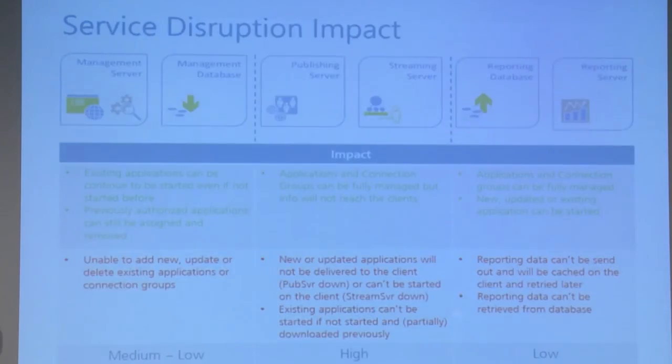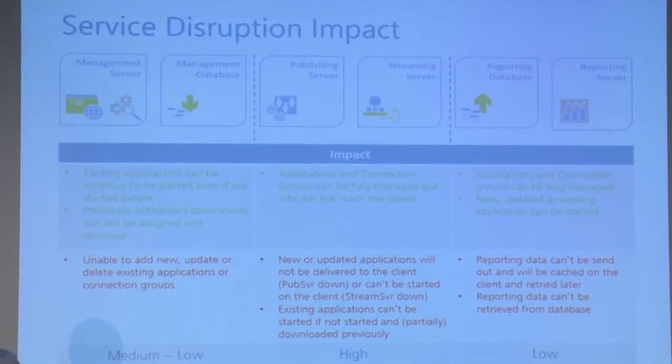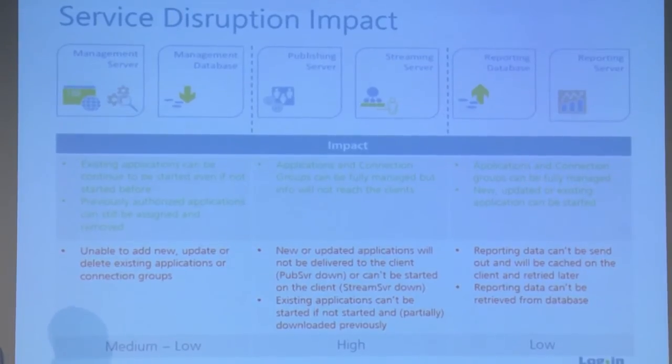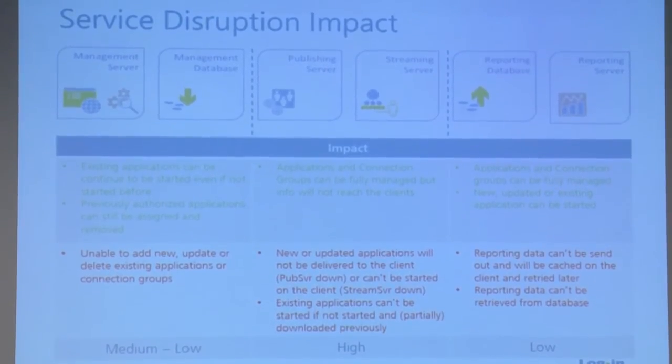The next one we looked at, and this is probably the biggest one, and there's no documentation, so you basically test this out, is what would be the service disruption impact if one of these servers was down. We saw that there's a similarity between the publishing server and the streaming server.